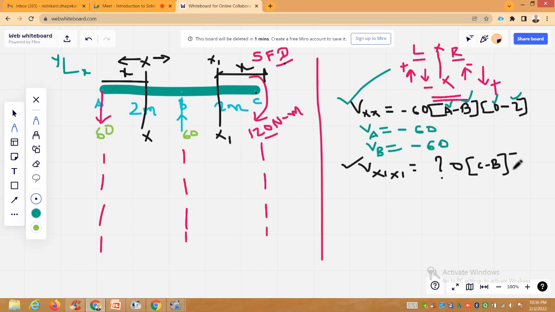And if it is reaching at C, it is equal to 0. If it is reaching at B, it is equal to 2. So the shear force at C is equal to 0, and the shear force at B will also be equal to 0.